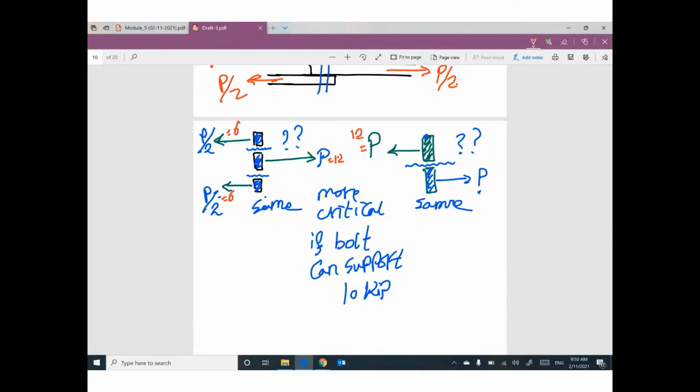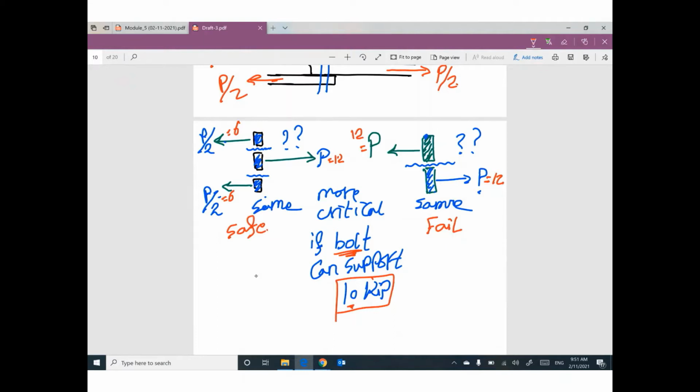Which one will fail first? If the bolt can support only 10 kip, and P equals 12, it's given 12, and the bolt can support 10 only, I believe this one will fail. This one will be safe.